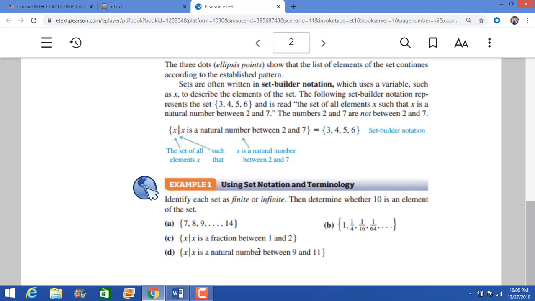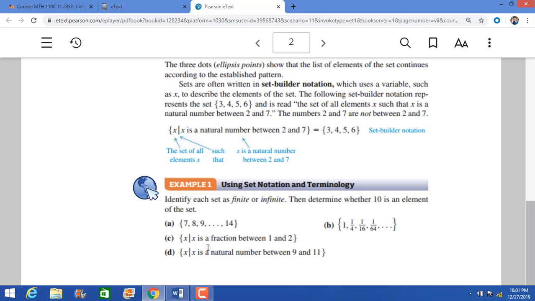In fact, anytime you're looking for the number of fractions between two consecutive counting numbers, you're going to have an infinite set. And of course, 10 is not in this set because 10 is outside 1 and 2, and all we want are the fractions that are between 1 and 2.